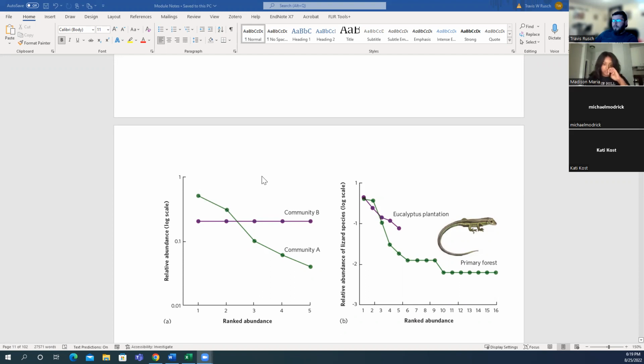Okay. But what about the species richness? Which one has greater richness, A or B? A. What is your reasoning for that? Oh, no. B, because there's consistent varying species within the community.